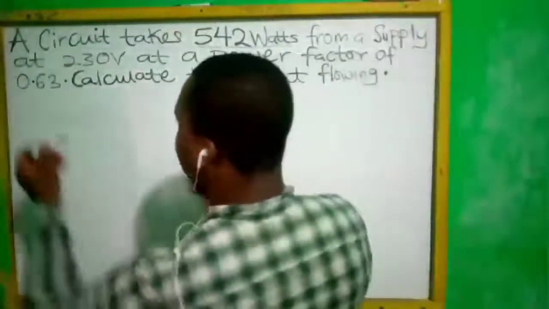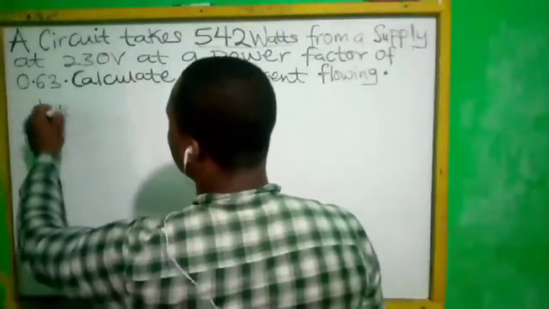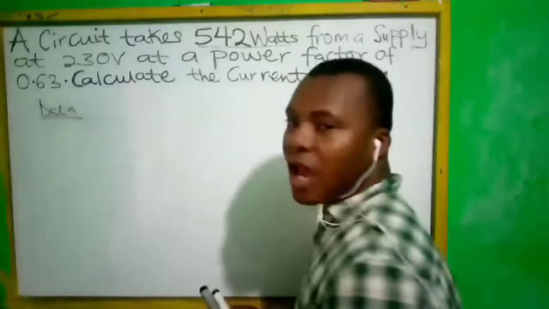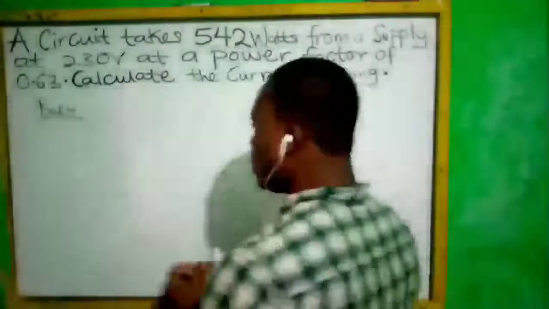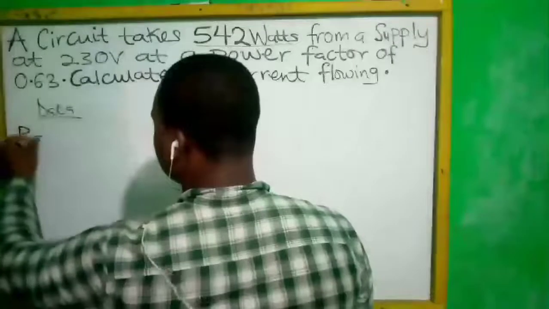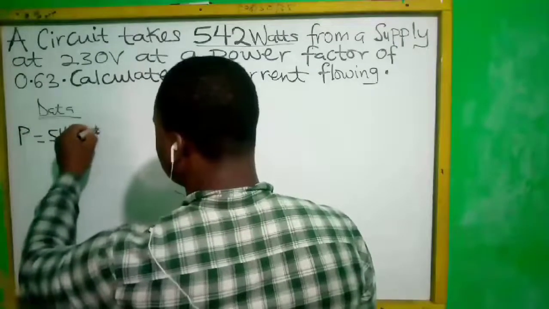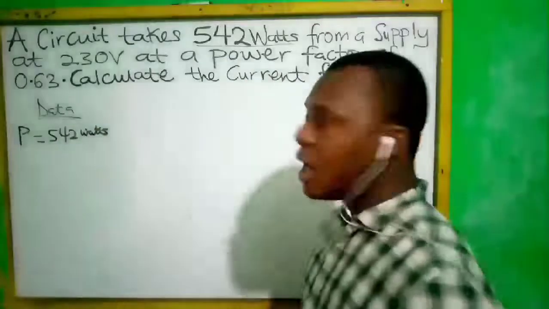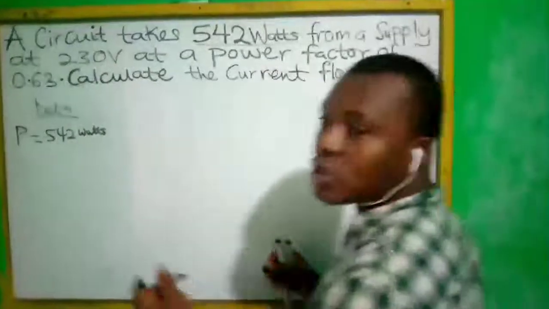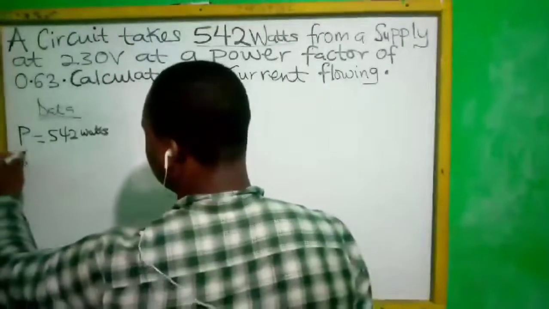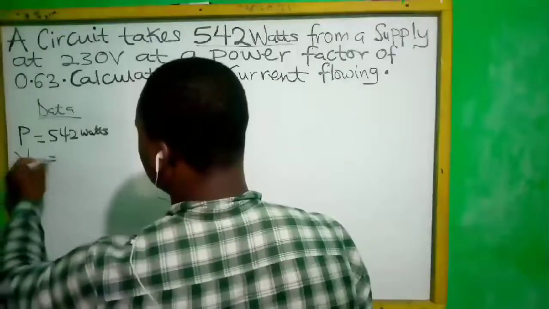So the question says the circuit takes 542 watts. So 542 watts is the power, and then from a supply at 230 volts. So the supply is the voltage, the total voltage or the supply voltage.